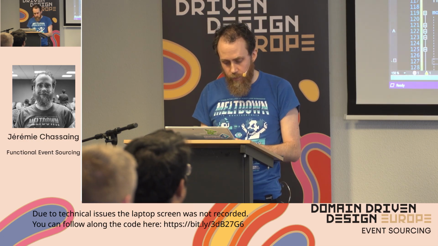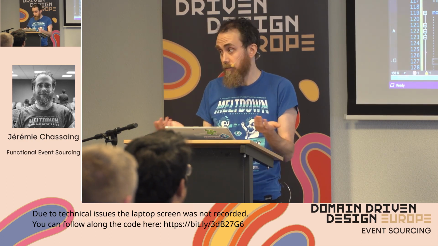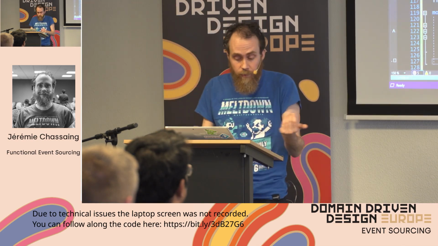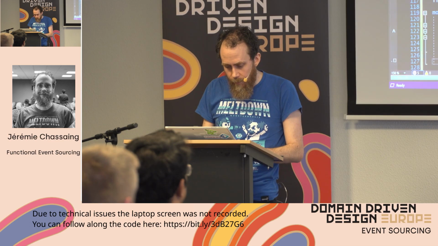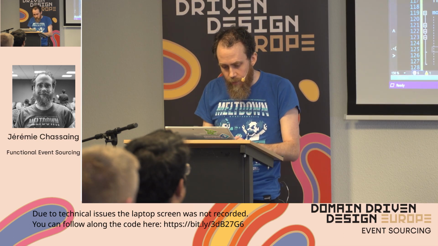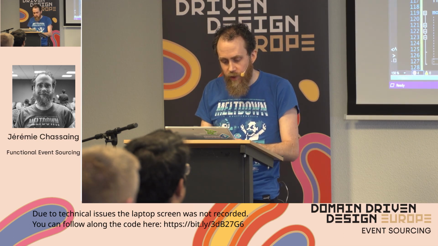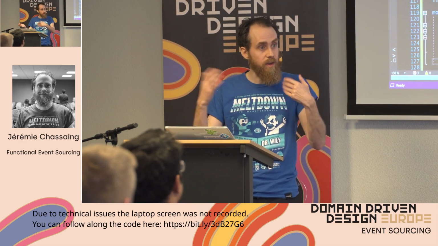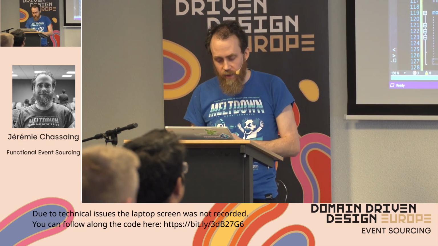And if there is no file, initial state also, because that's my first event, my first state. The deserialized state is a state option, so I will return Some or None. In F# you have options, and options tell you if you have a value or not. So here I say, okay, I could not load the state, so take care of it.